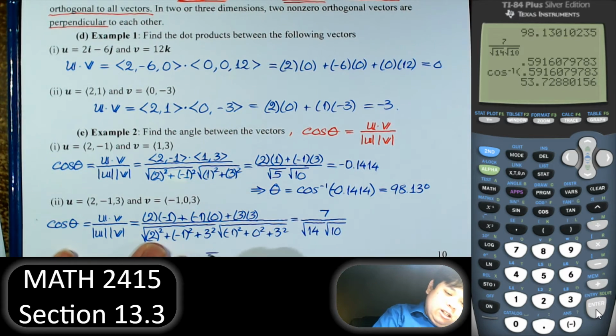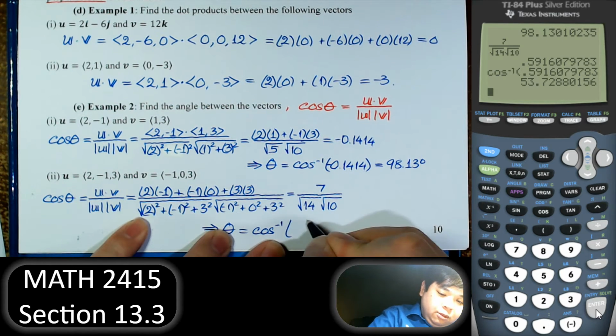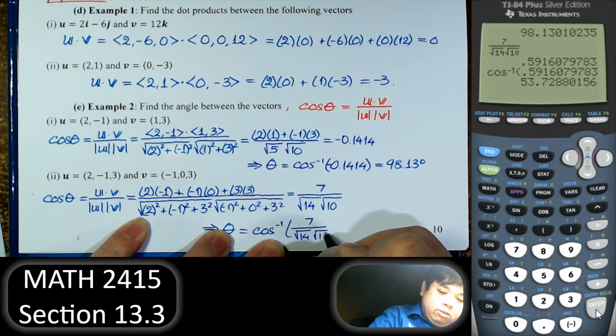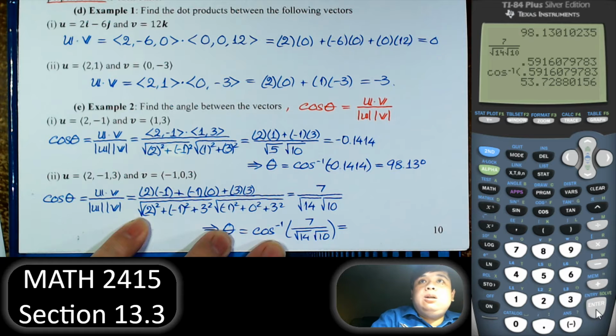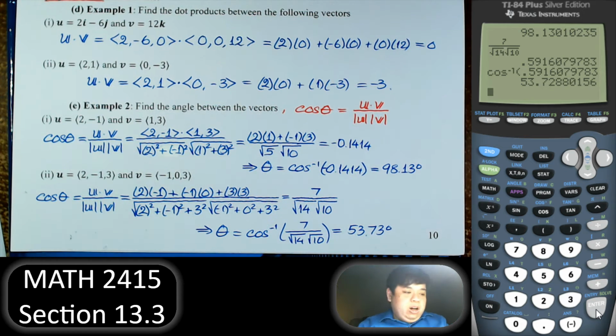So I've just said theta equals cosine inverse of 7 over the square root of 14 times the square root of 10, which is 53.73 degrees. So simple now. That's the angle between two vectors.